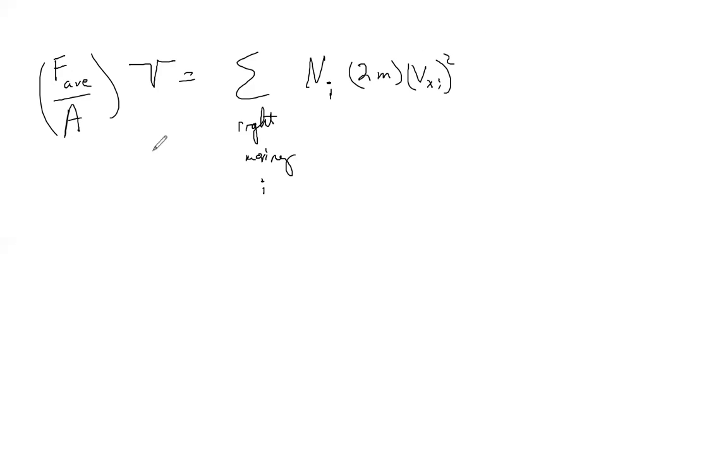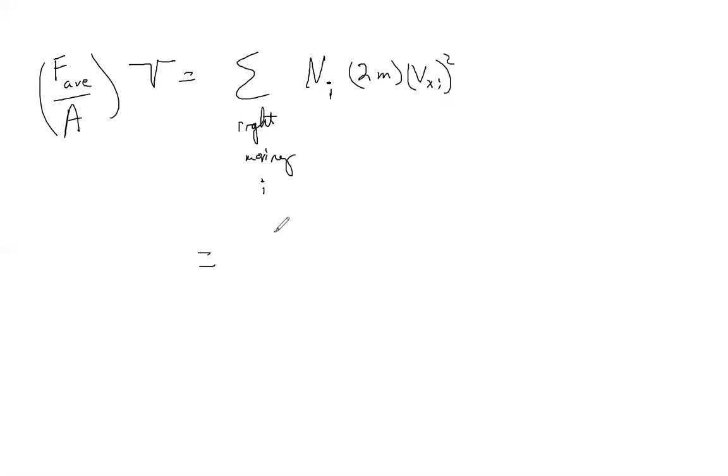That gives me the total force on the wall due to collisions with particles with any possible right moving velocity. And if I wanted, instead of having right moving only, now I can just extend this to be all velocities as long as I cut the result in half, because I would be overcounting. And when I cut it in half, the 2 goes away.